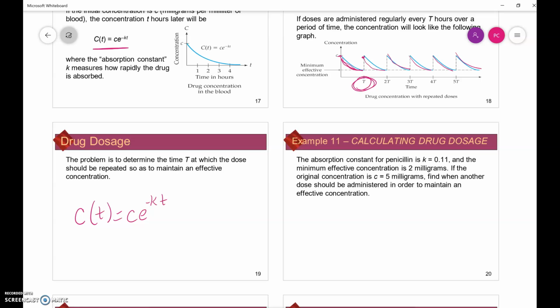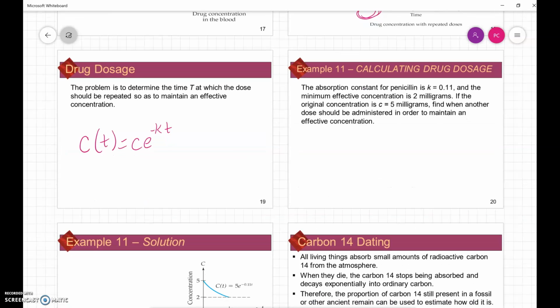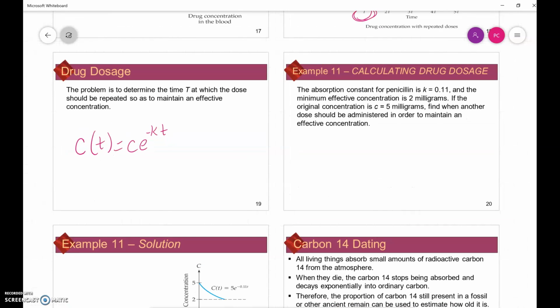Looking at example 11, it says the absorption constant for penicillin is k equals 0.11, and the minimum effective concentration is 2 milligrams.